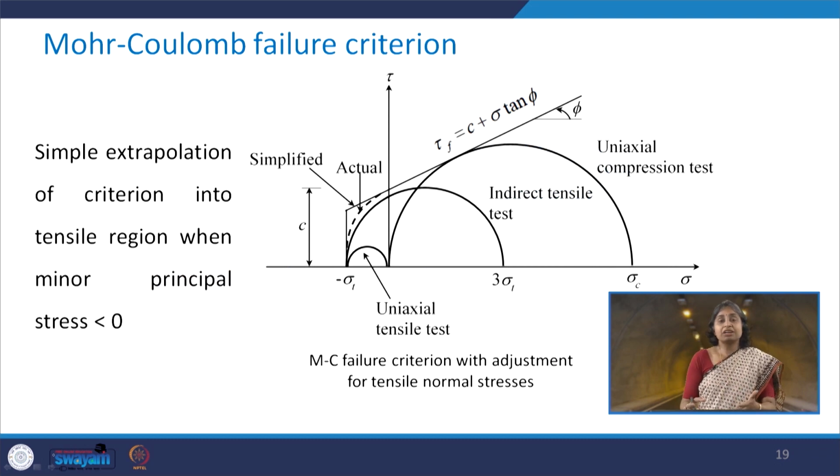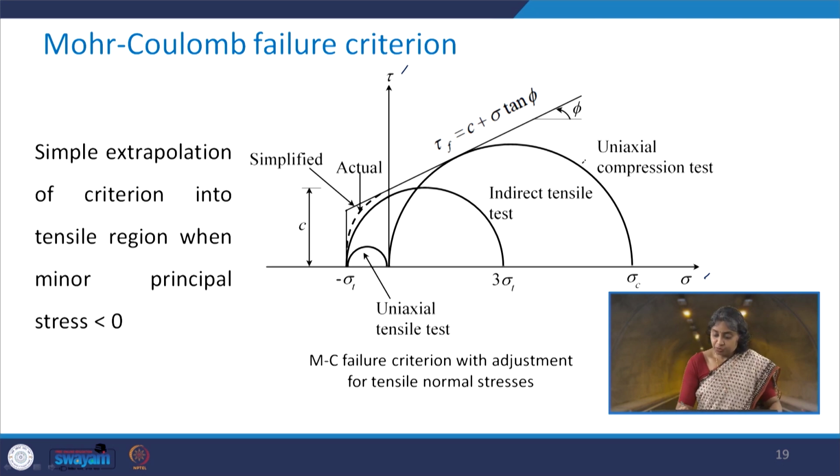Now, the state of stress is represented in the tau versus sigma space with the help of Mohr circles. So, here you can see that I have drawn 3 Mohr circles.